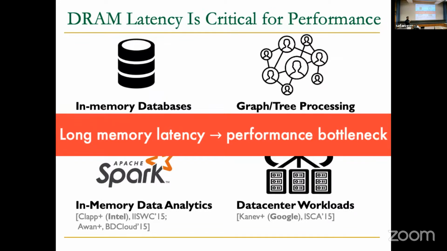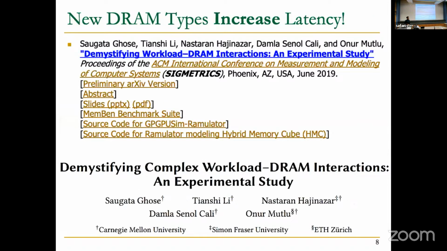Long memory latency combined with hugely data intensive workloads creates the biggest performance bottleneck that we need to solve in today's processors. And in this paper we have actually shown that in future DRAM directions, it might even be possible that we would see an increase in DRAM latency because of some fundamental scalability reasons. That's also not good for our projections.